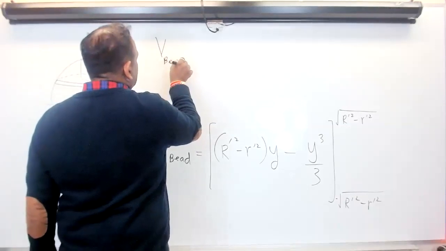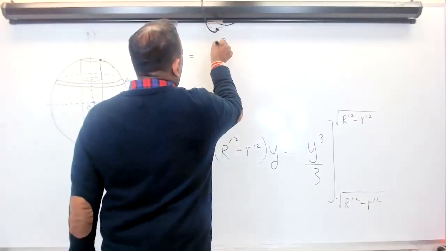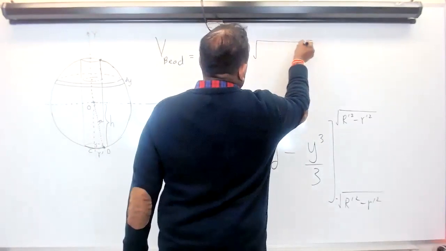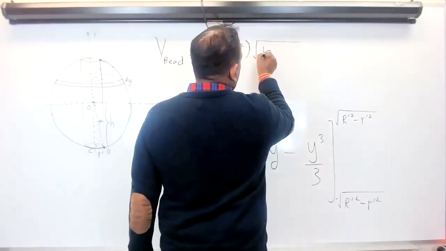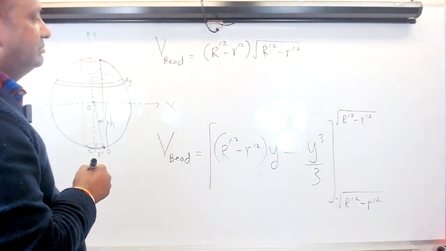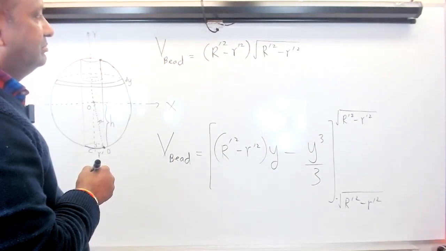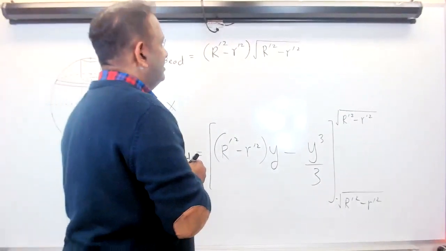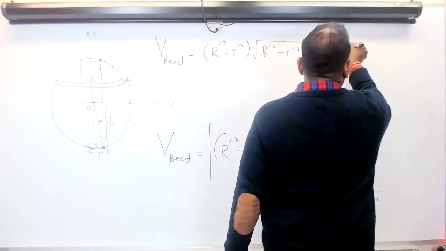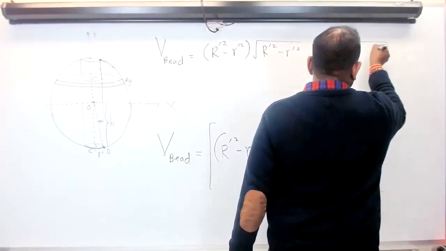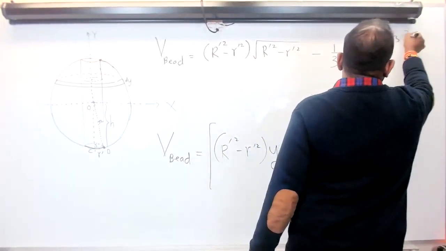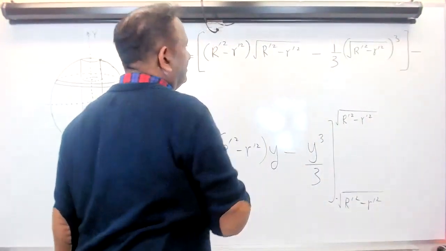V of the bead equals the quantity capital R prime squared minus simple r squared, times y, meaning this one, the square root of R prime squared minus r squared, minus one third y cubed, where y is this one cubed. That's the first set.